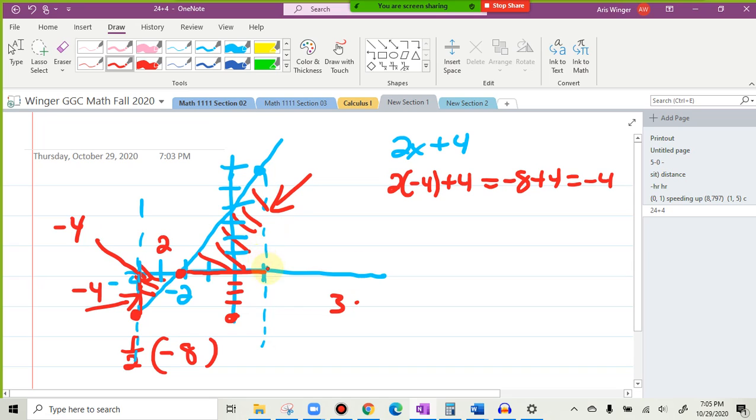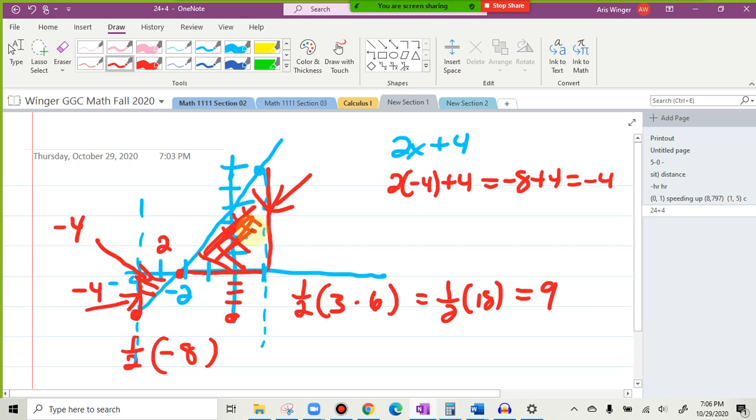The height is 6. Half the base times the height, 1/2 of 18, is 9. The integral here is the area between the graph and the x-axis, that's 9. The integral here is -4, right, because it's 4 by 2. And so I'm going to add them. The integral is 5.